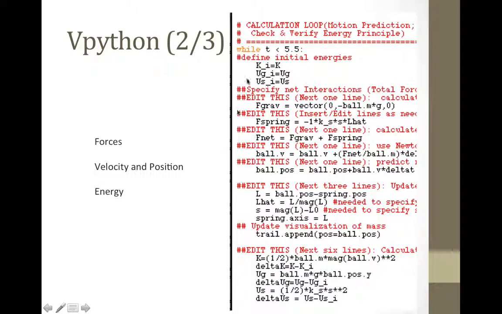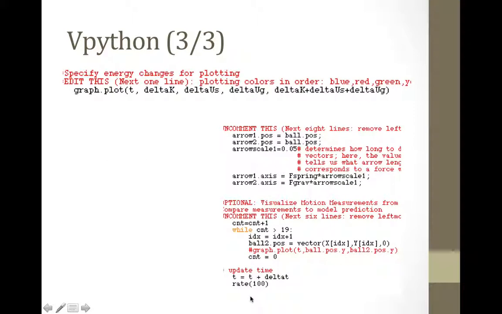And here's some more code that was used. The important things to gather from this are the usage of forces, velocity and position, which is Newton's second law, which is right here, as well as the energy principle, which is right down here. And also this was the calculation of the graph, which will be discussed very briefly.